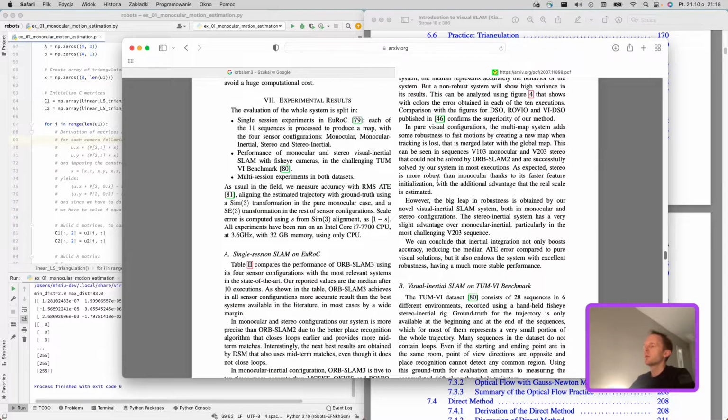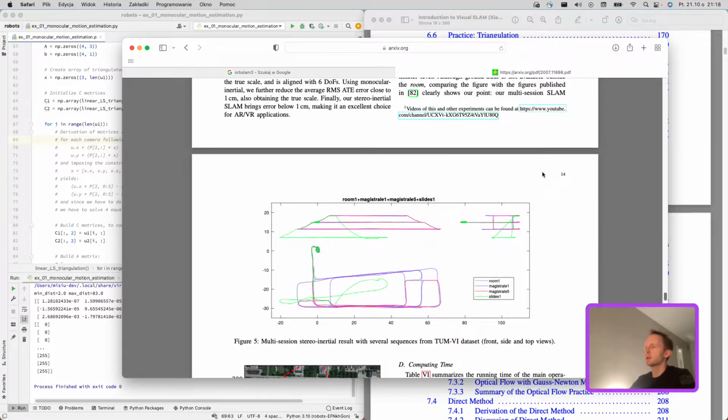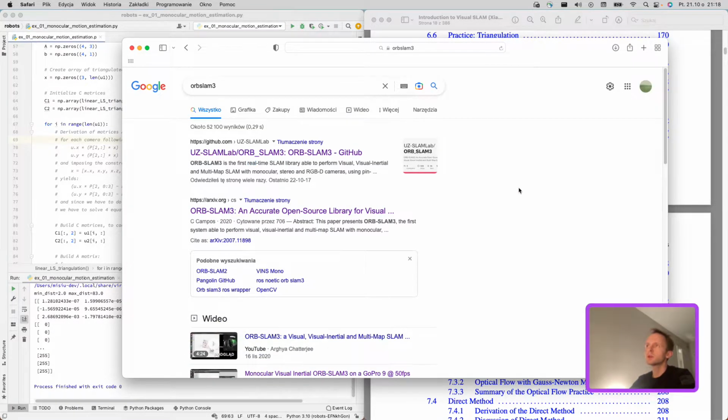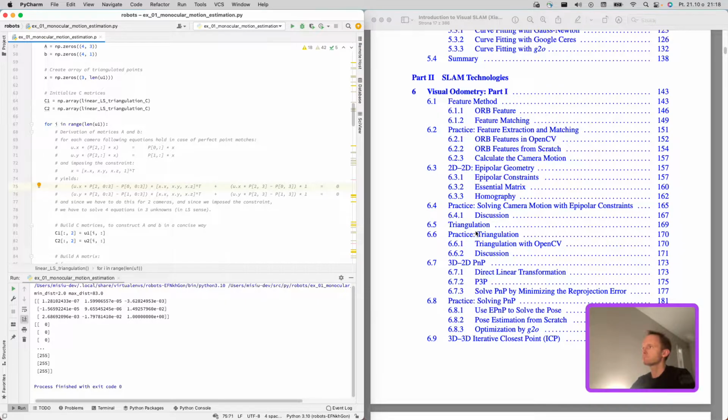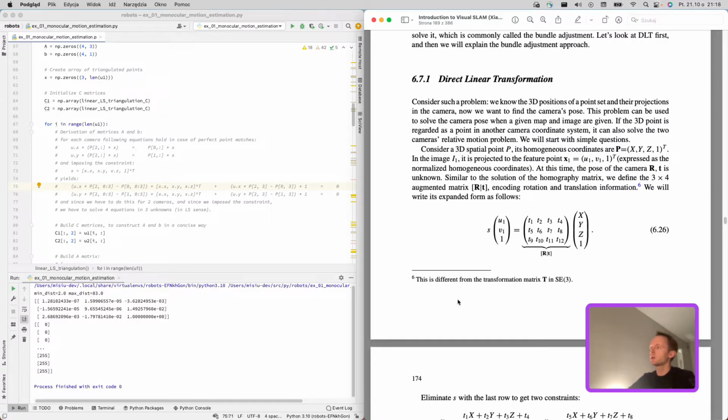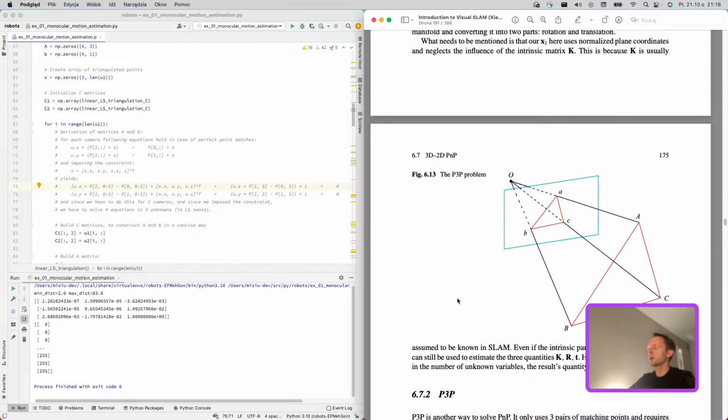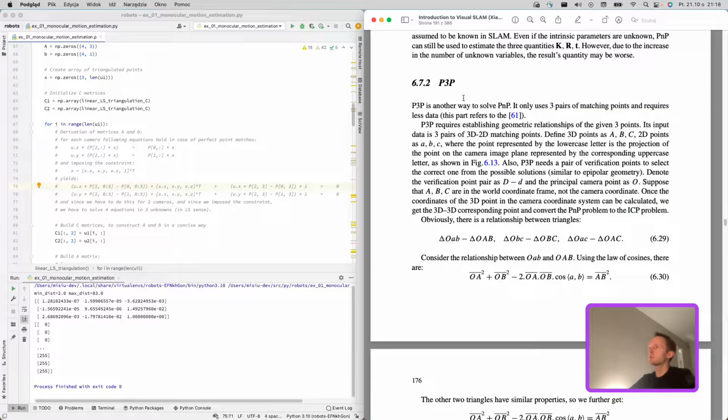Perfect. Makes sense, I guess. I wonder how hard their system is to understand. I wonder if I should look at their system at all or just go forward. No, let's just go forward.